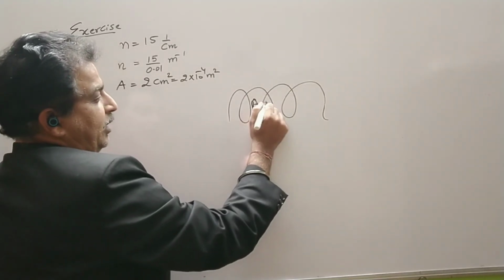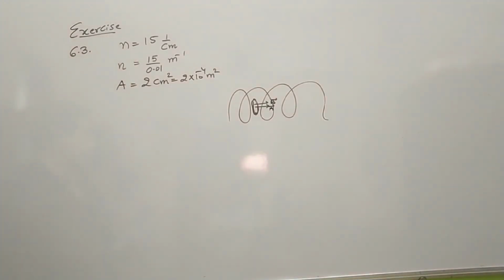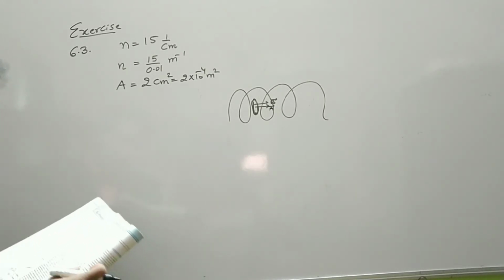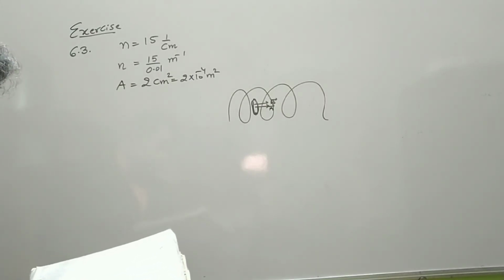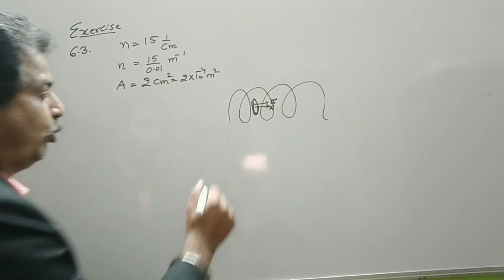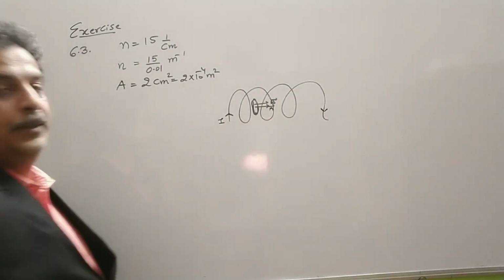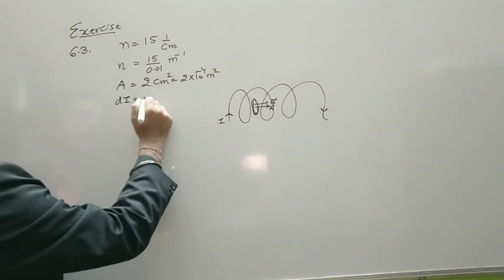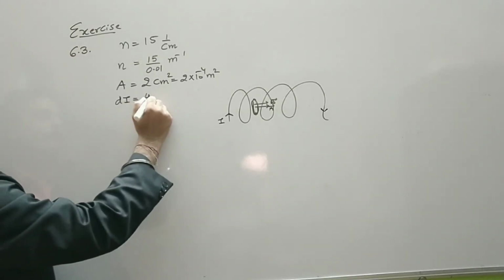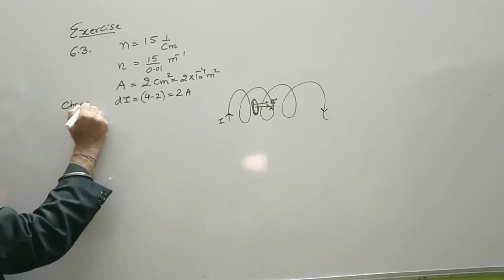So the magnetic field of the solenoid and the area vector of the coil are in the same direction, meaning the angle between them is 0. Now the current carried by the solenoid changes steadily from 2 to 4 ampere in 0.1 second. So the change in current is final minus initial, 4 minus 2, that is 2 ampere.